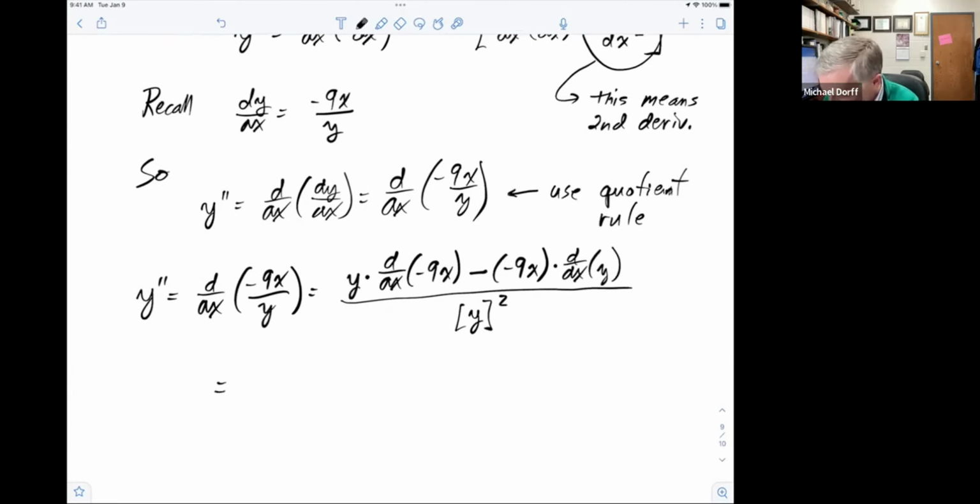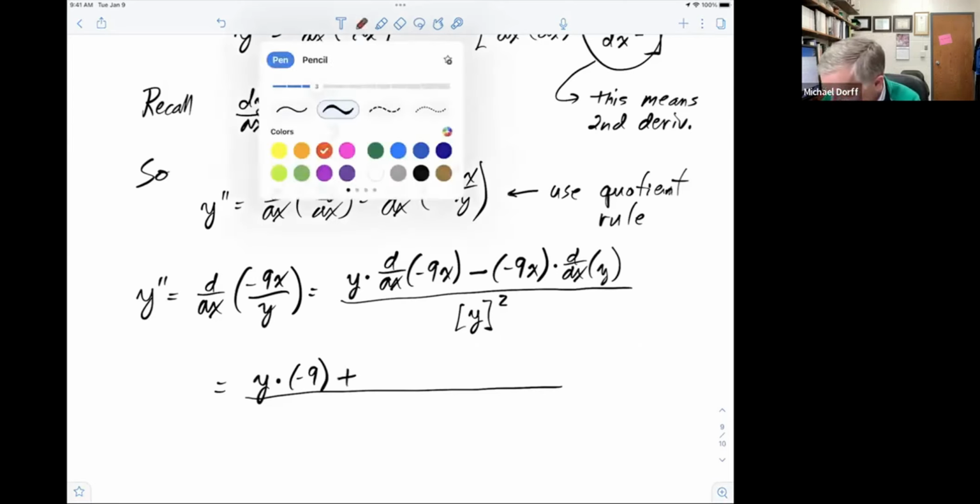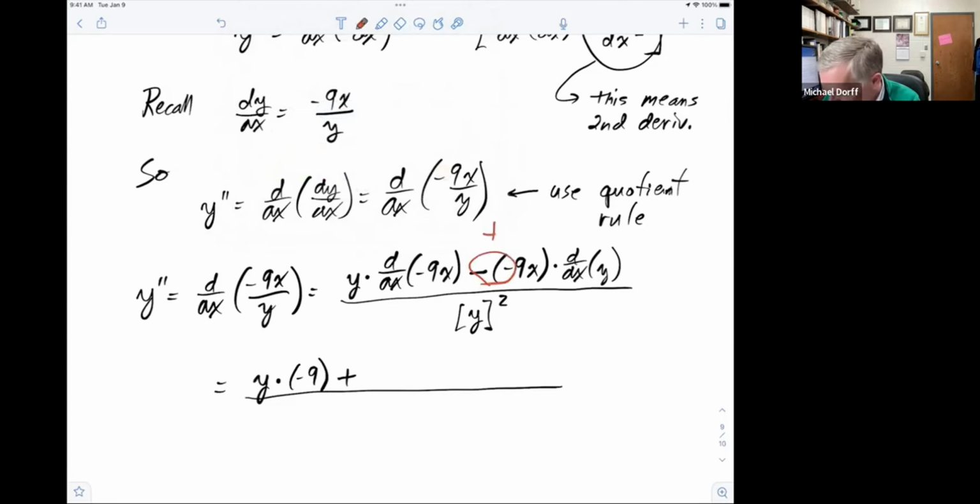Now we're going to simplify it by continuing to take the derivative. In the numerator, I've got y times d/dx of negative 9x. The derivative of negative 9x is just going to be negative 9. And then I'm going to have a plus here because we have two negatives.